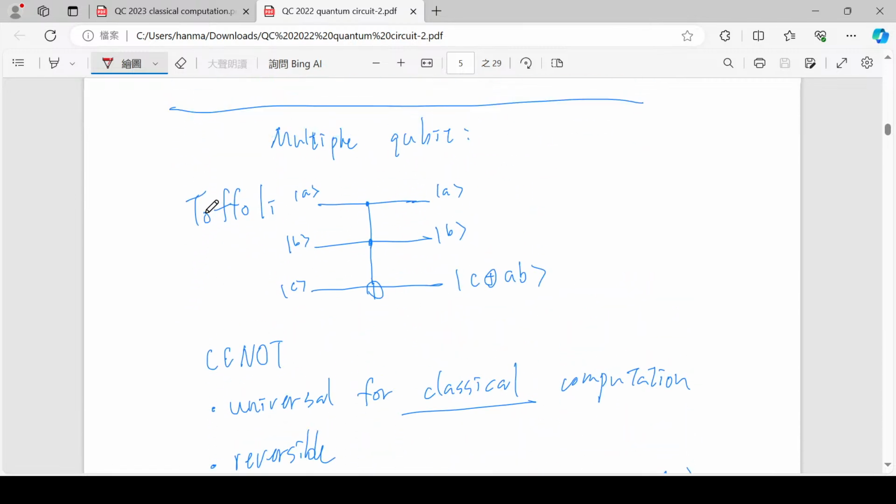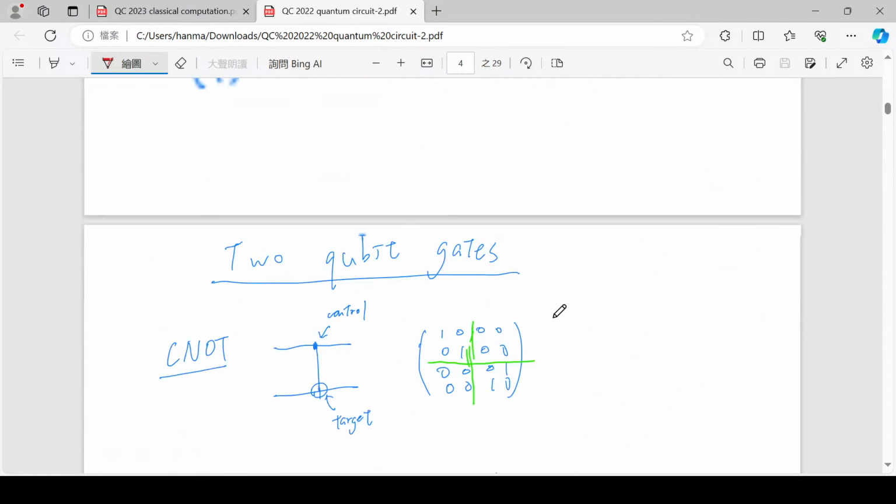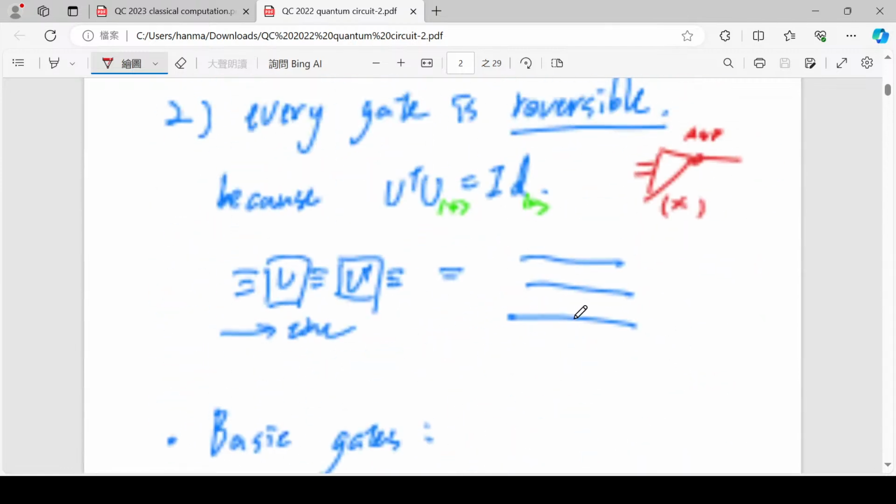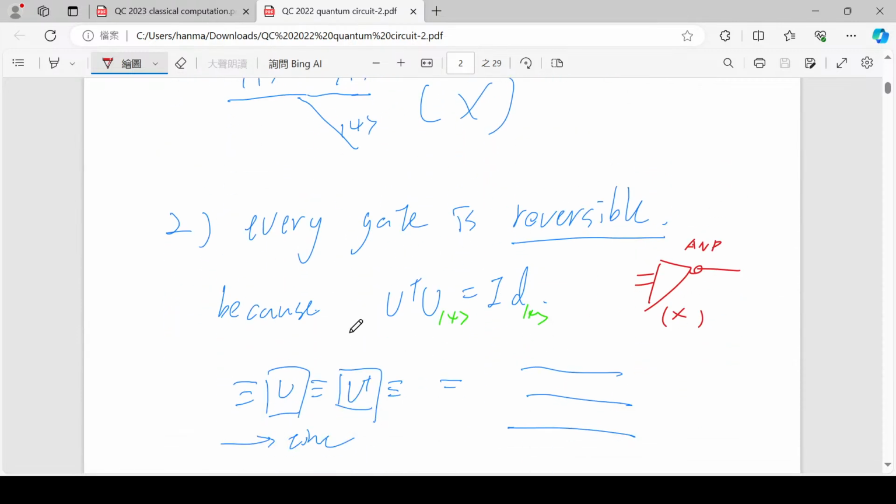So it's a nice way to bridge classical computation and quantum computation. For example, this proves that quantum computation is universal for classical computation. Because remember we had this constraint that every quantum gate needs to be reversible. And so we cannot have an AND gate as a quantum gate, so it's a bit fishy whether quantum computation can even do all the classical computation.